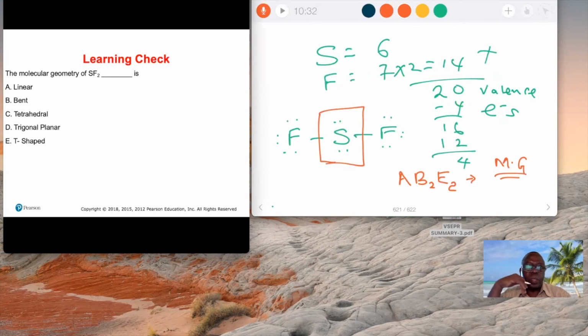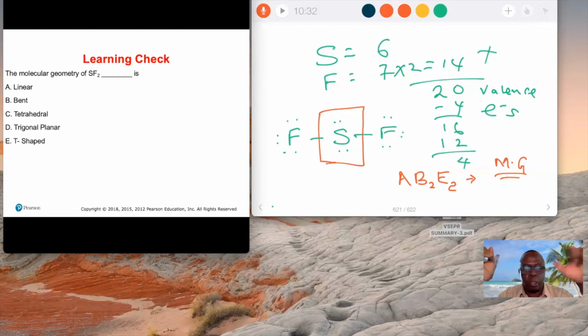Yeah, there are two ways. One, or the sure way, is making sure that each atom satisfies the octet rule. The only way we create a double bond or triple bond is when the central atom needs more electrons to satisfy the octet rule.